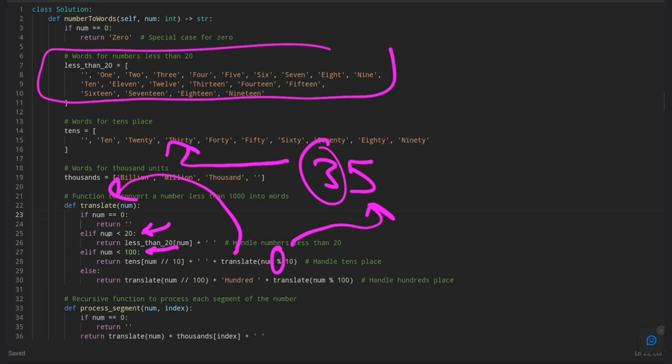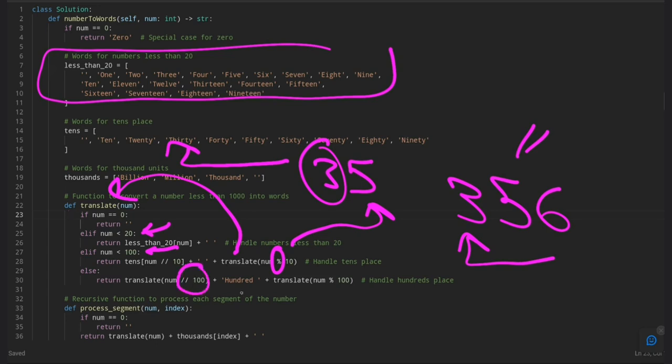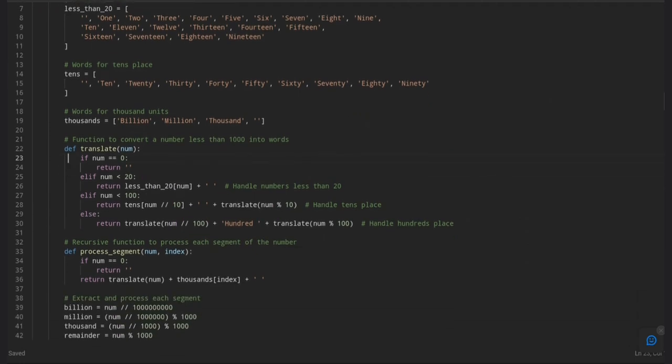And then else, if it's larger than 100, let's take this hundreds digit. How do we move to the left with div? We move here to the left, div 100, we append hundred, and then we recursively go and translate the rest of the number. And this is basically it, right?